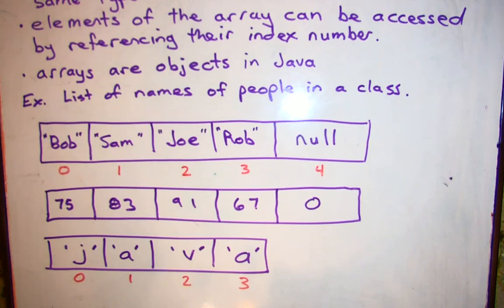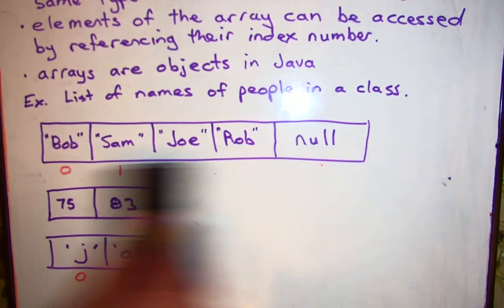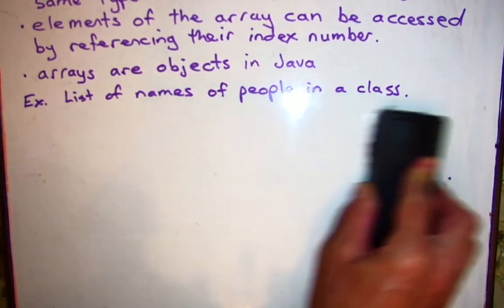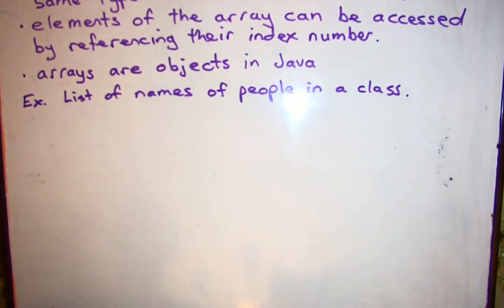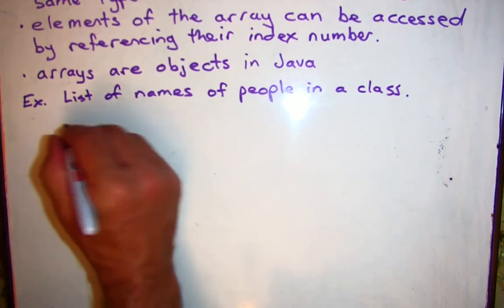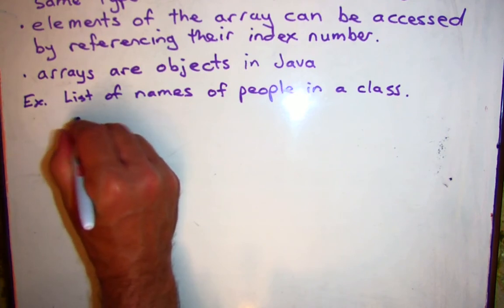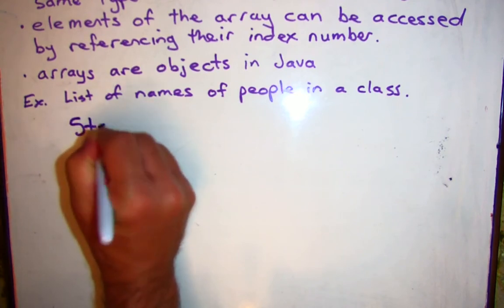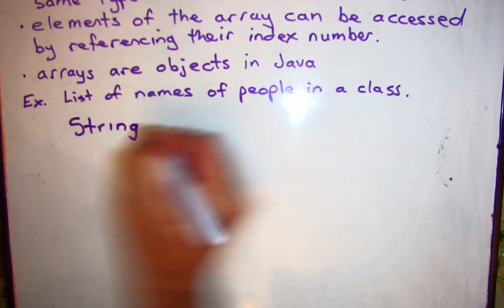I'll show you how to construct an array, and then we'll look at some code examples after. So to make an array, I said before they are objects, and that they are of a particular size when they begin. So if you want to make your array of strings, normally when you make a string variable, you say String name.